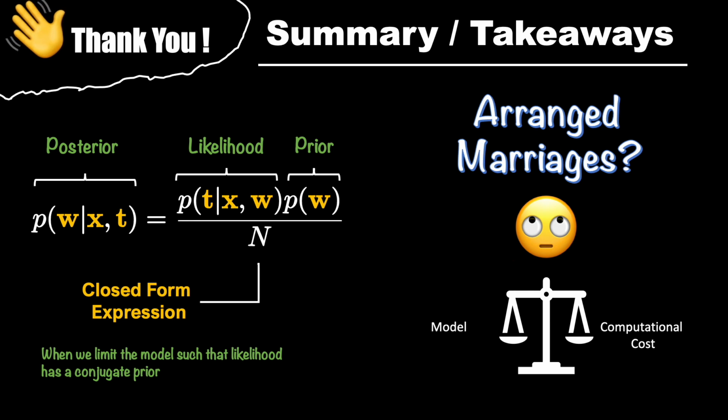Conjugate priors enable the possibility of reduced computational needs, and perhaps they do so at the cost of a not so accurate model. As a scientist or an engineer or a statistician, you have to learn to balance both the requirements for accuracy and computational costs. And of course, by all means, invent methods that are good at answering both of these requirements.